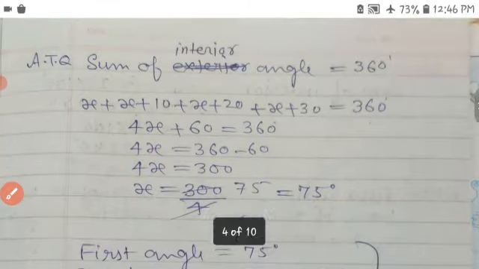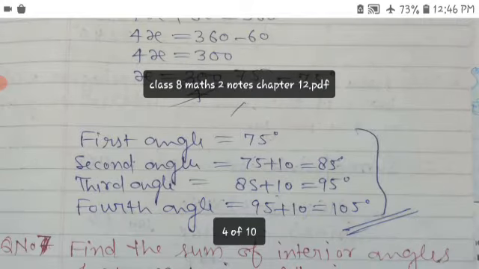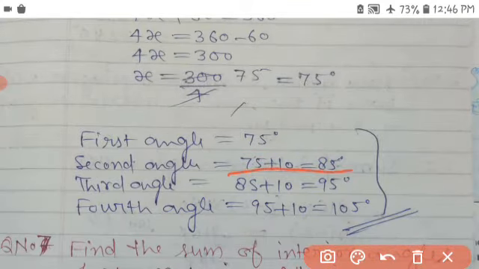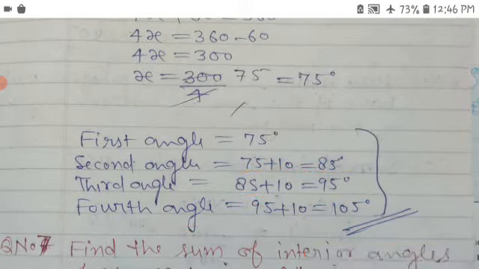Now put in the values: first angle 75, second angle 75 plus 10 is 85, third angle 85 plus 10 is 95, fourth angle 95 plus 10 is equal to 105.